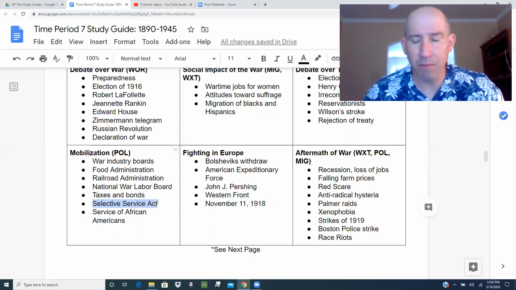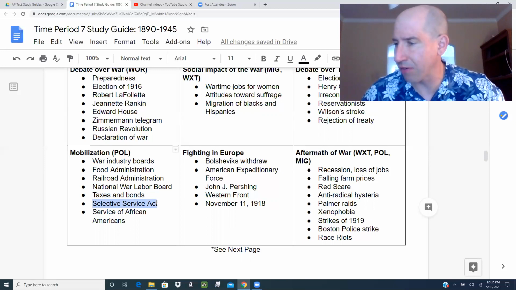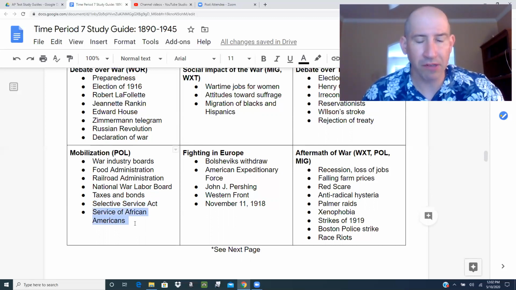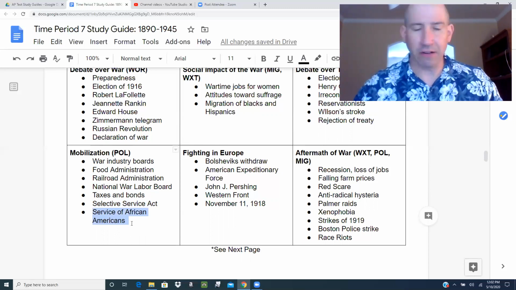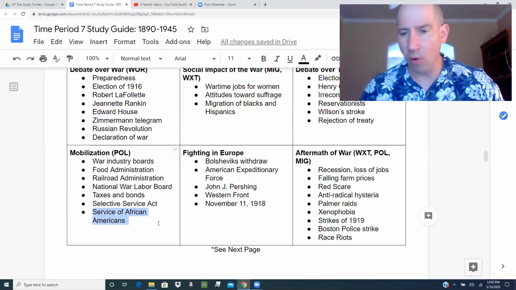We had an army. Remember, we only had 170,000 volunteers in the first 6 weeks. So we had a Selective Service Act to eventually get 5 million people into the army, and we are 100% segregated. 400,000 African Americans fought in the war in segregated units. None were allowed in the Marine Corps.